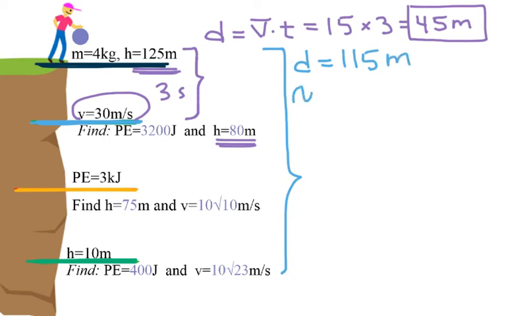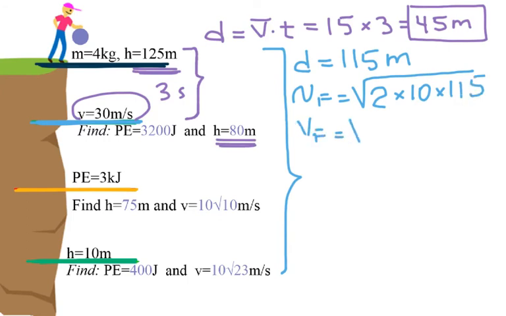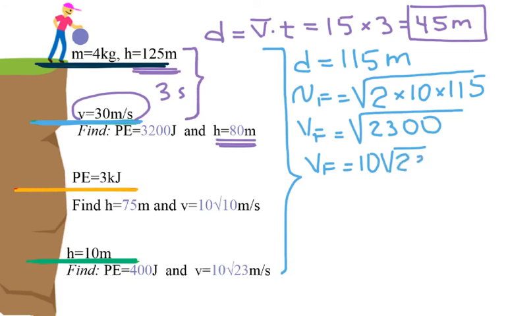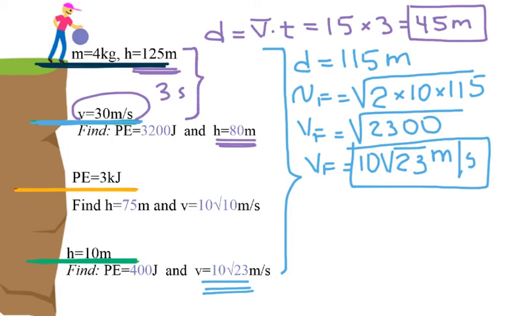So I can find the final velocity as the square root of 2 times acceleration times 115. So v final is equal to the square root of 2,300. v final is 10 square roots of 23 meters per second, which gives me exactly the same number as before.